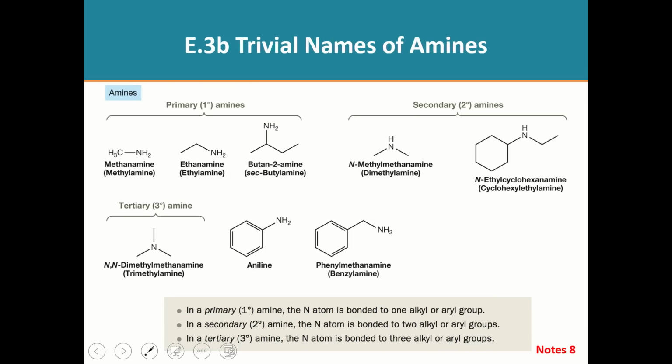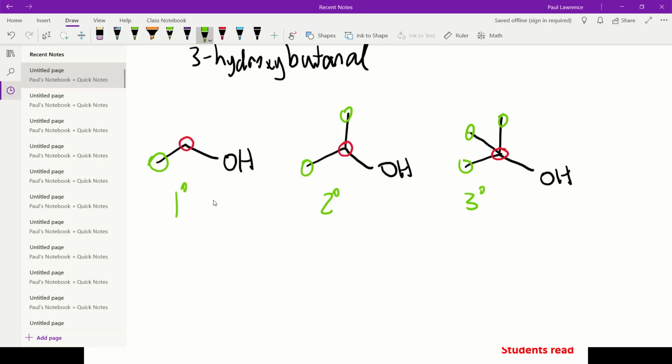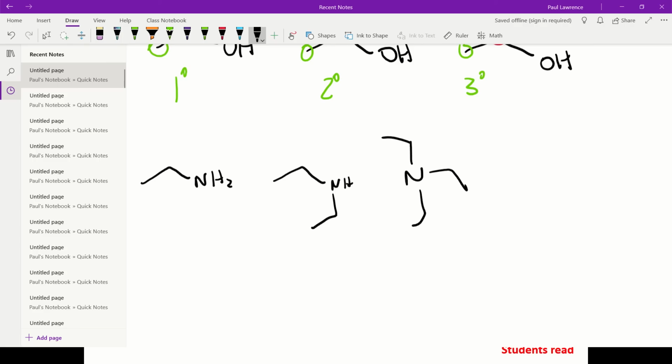Here's some trivial names for some amines. Okay. But the takeaway from this slide is you need to be able to identify primary, secondary, and tertiary amines. And there's also even a quaternary amine. Okay. And I want to show you how to figure that out. So let's draw ourselves some amines. All right.